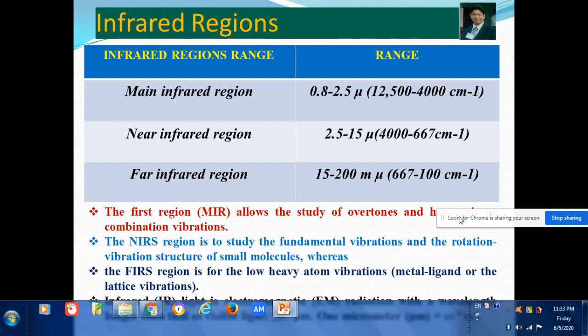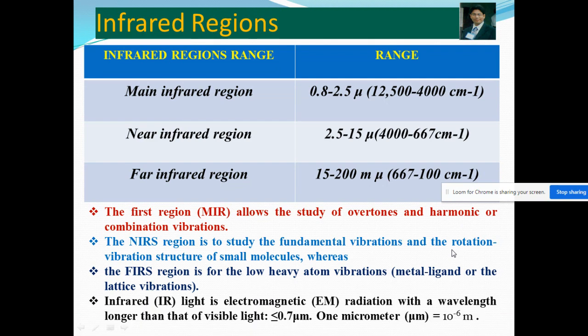The first region allows the study of overtones and harmonic or combination vibrations. The mid infrared region is to study the fundamental vibration and rotation-vibration structure of small molecules, whereas the far infrared region is for low-frequency heavy atom vibrations, metal-ligand vibrations, or lattice vibrations.